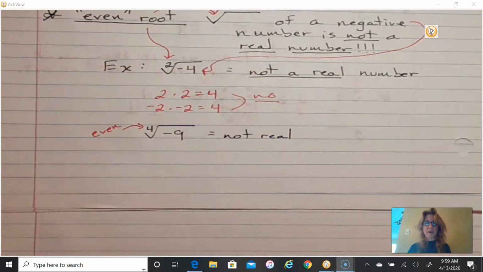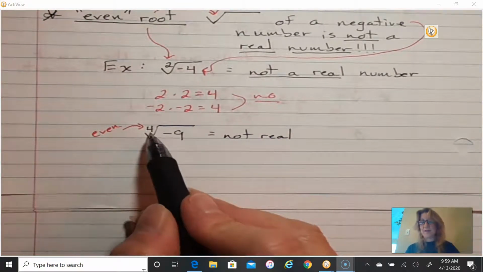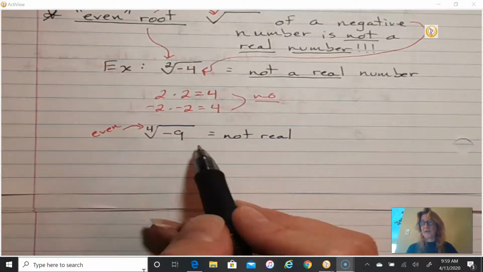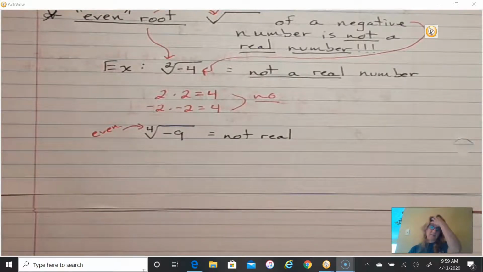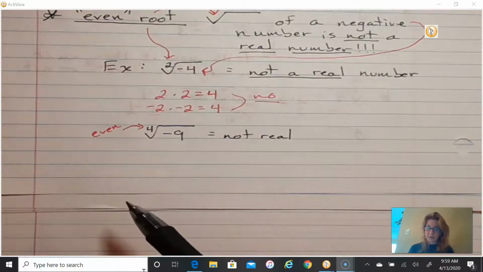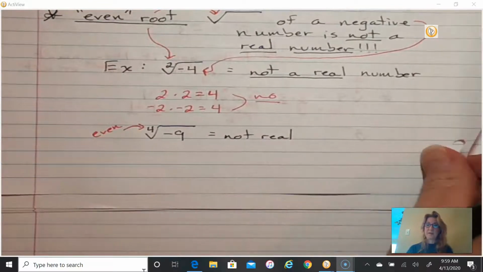Besides the fact that there is no number times itself 4 times that's going to give you 9, much less negative 9. See what I'm saying? So sometimes this stuff isn't going to work. They're going to try to trick you on this. I mean, you can only have 3 times 3 that gives you 9. There is no other way to get 9, especially 4 times. All right.